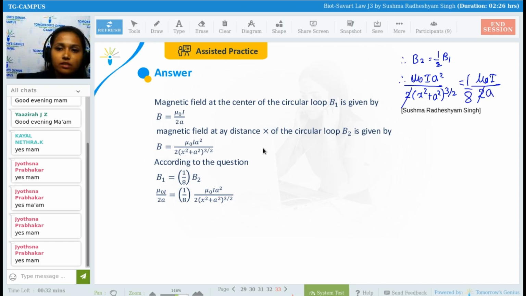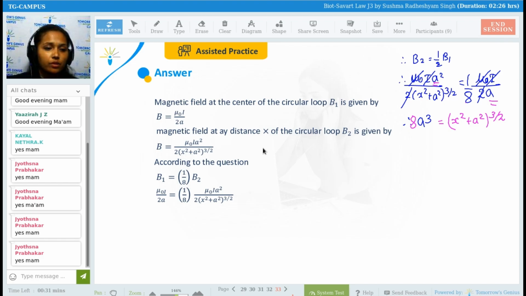See, this 2 gets cancelled, mu naught I gets cancelled. So from here we get a power 3. This a is multiplied by this a, so a power 3, equals 8 times (x square plus a square) raised to power 3 by 2. Clear this first of all? These steps clear to you, all of you?